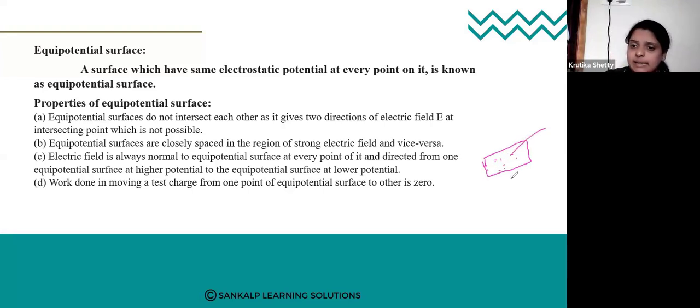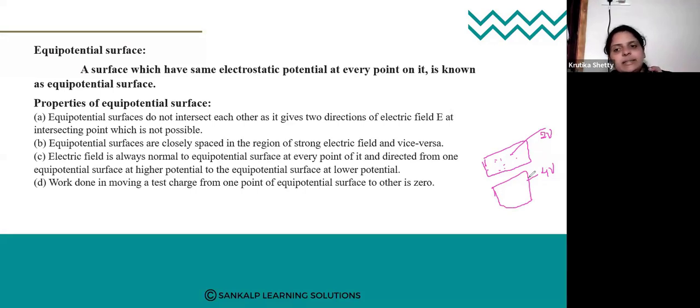One more surface I'll consider. Suppose this one has a potential of 2 volt, and this one has a potential of 4 volt. Both are equipotential surfaces.